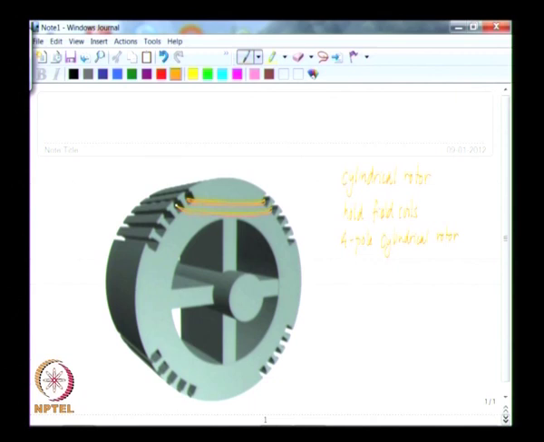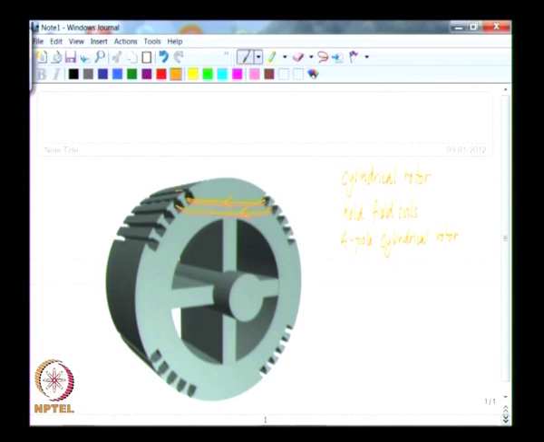So, that makes up one field coil. This will go along the length of the rotor and then make its loop on the other side of the rotor and come back. That is the idea of the coil. And let us say you are going to have flow of current in the coil in this manner.